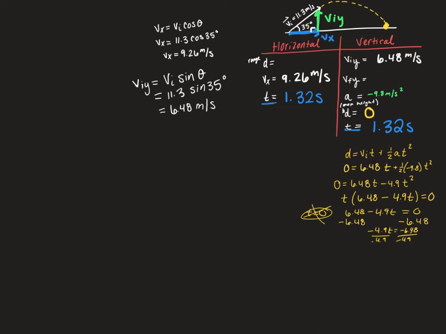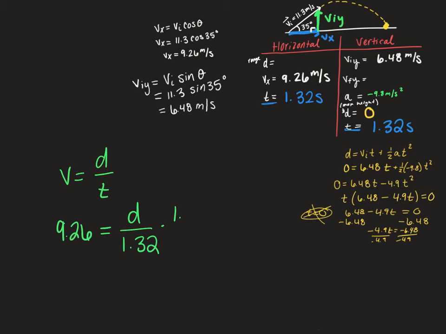So for horizontal distance, you're always going to use velocity as distance over time. That's the only equation you're ever going to need to find anything on the horizontal side: v equals d over t. So we know our horizontal velocity is 9.26, and we are trying to find distance, so trying to find our range, over 1.32.